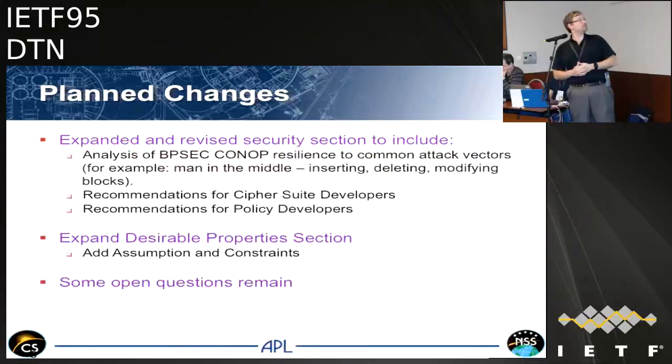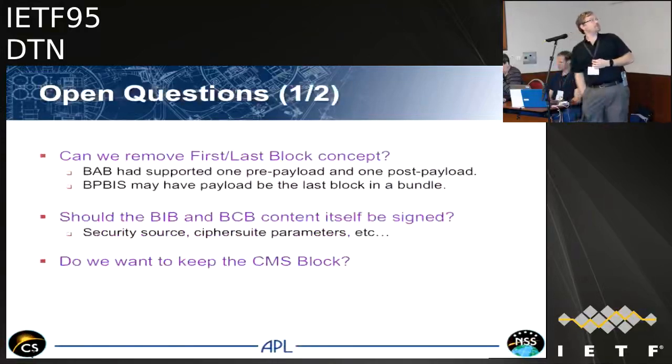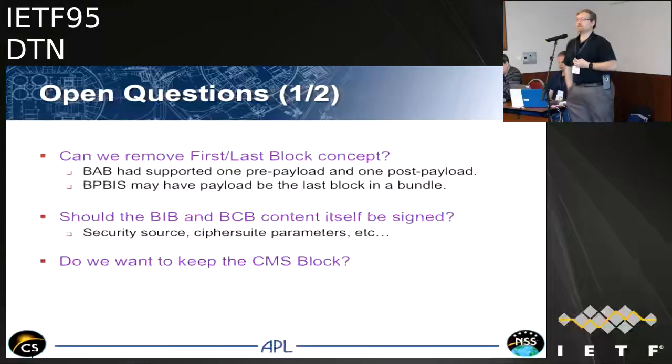Next slide. So a couple of questions. The first is, can we remove the first and last block concept? So with bundle authentication blocks, there was a consideration that you would have a pre-payload BAB, which had cipher suite parameters associated with it, and a post-payload BAB block, which would have the security result.